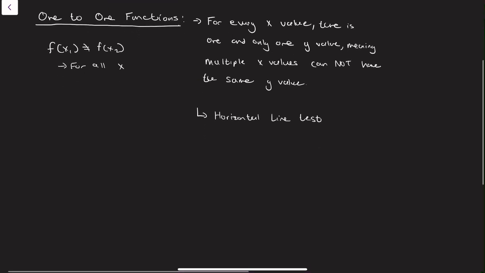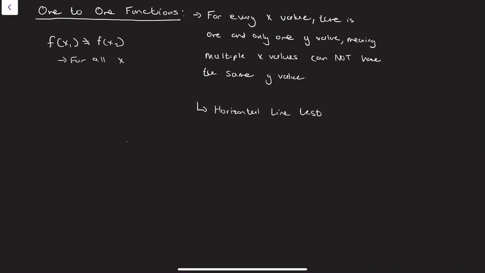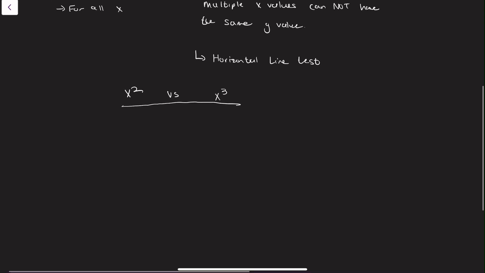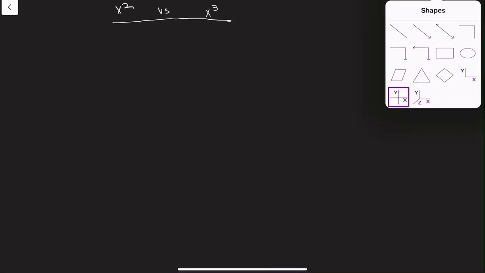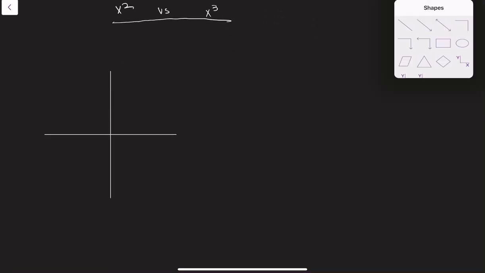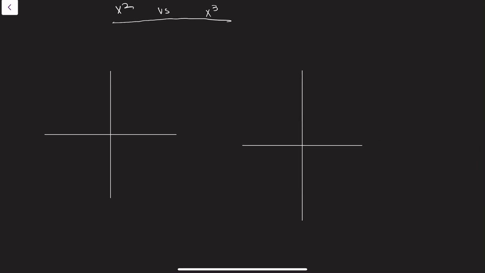So let's draw some graphs. Let's draw the graph of x squared versus x cubed, so I can show you what I mean. Let's draw this one on this side and this one right here. So let's call this one x cubed and x squared.